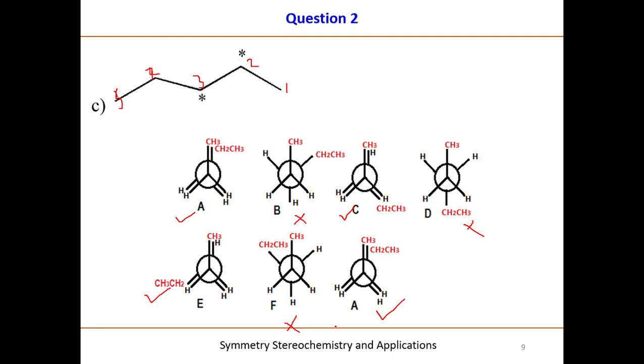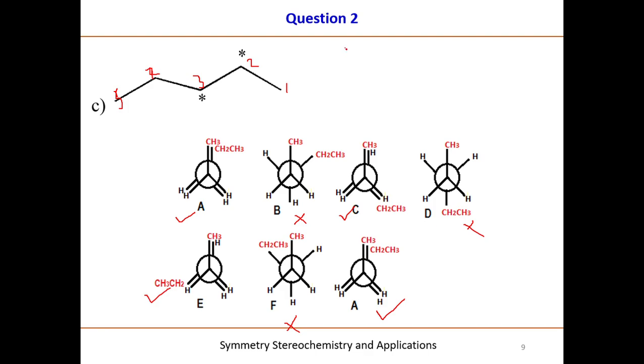How many eclipse conformations are there? Four. Among these four conformations, we have to find the stable one and draw that conformation. So we will approach this question in the same way we did the previous one.